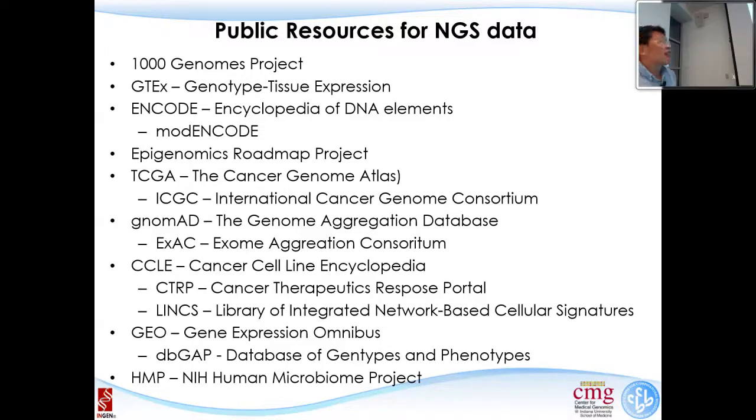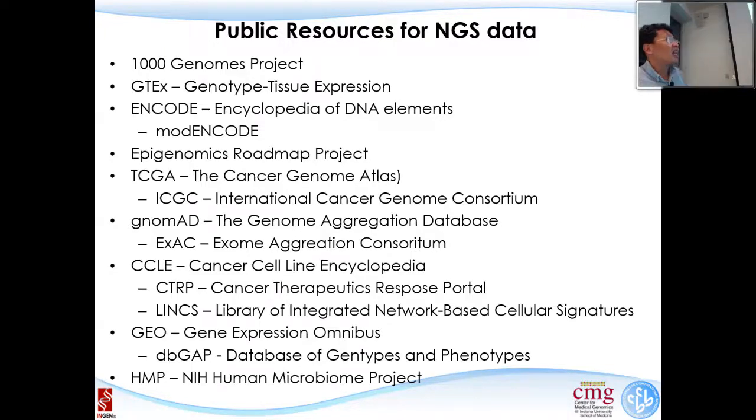The next couple of things included TCGA, the Cancer Genome Atlas project. This is really a project trying to understand tumors, and there are 33 different tumor types that were studied, involving tens of thousands of samples.